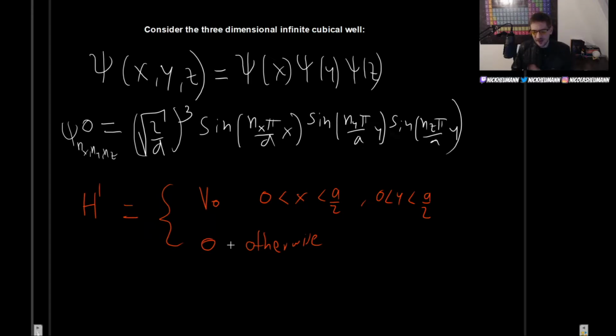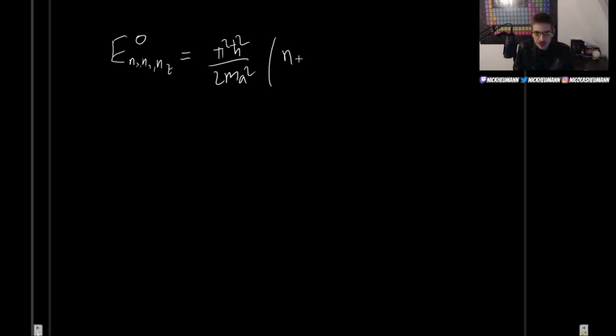Okay, so let's now find how this changes the energy levels. So let's begin with, of course, the ground state. Now, just as a refresher again, what exactly are the energy levels for the cubical well? The energy levels E_nx,ny,nz^0, since they are unperturbed, are pi squared h bar squared divided by 2ma squared, multiplied by nx squared plus ny squared plus nz squared, since we have contributions from each one of the 3 directions.